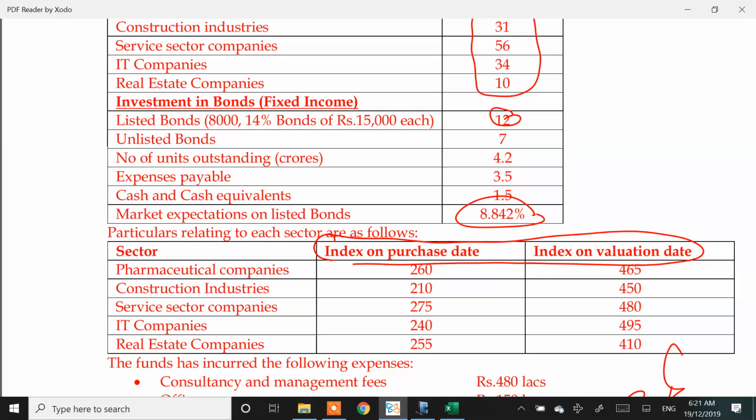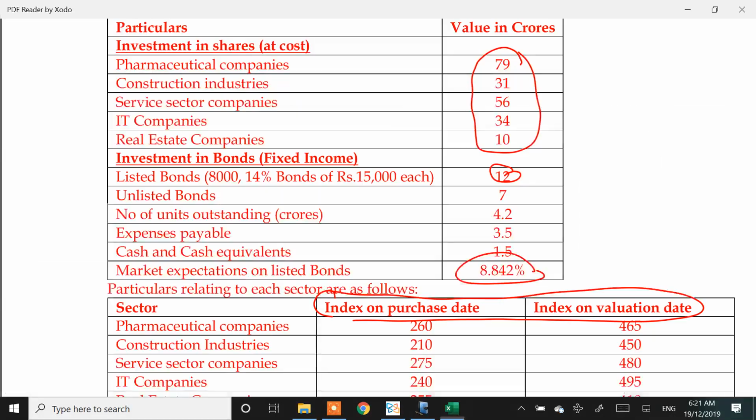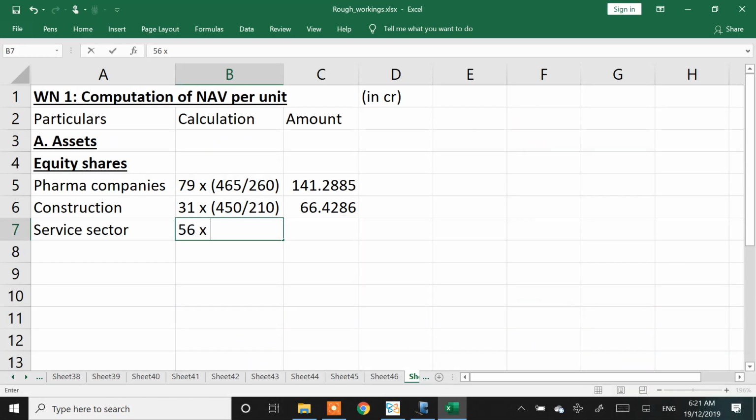Next is the service sector. Same calculation you can keep completing: 56 into 480 by 275.